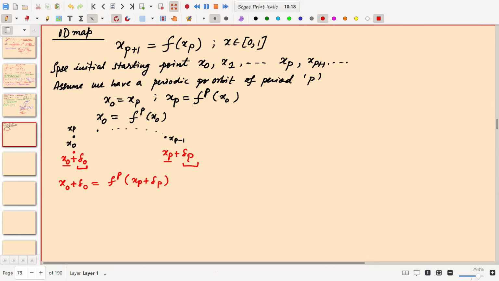Suppose delta naught is not equal to 0 and delta p equal to 0, what will happen? It will give you the same point. So if your initial point is disturbed by delta naught, your final point is also disturbed by delta p. Okay, fine, this is the idea.